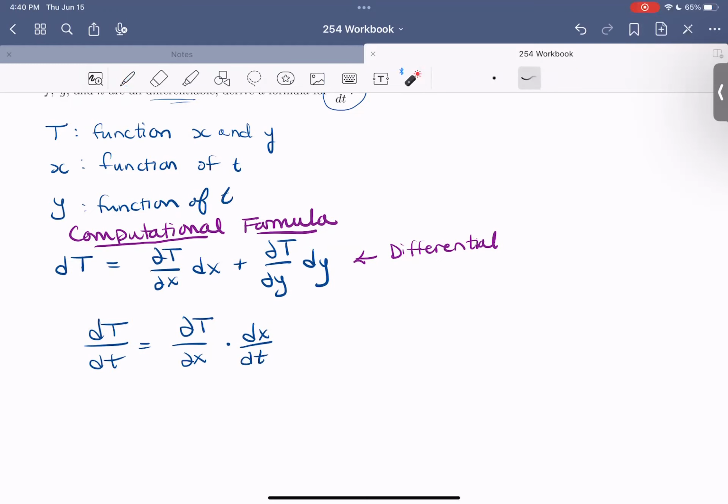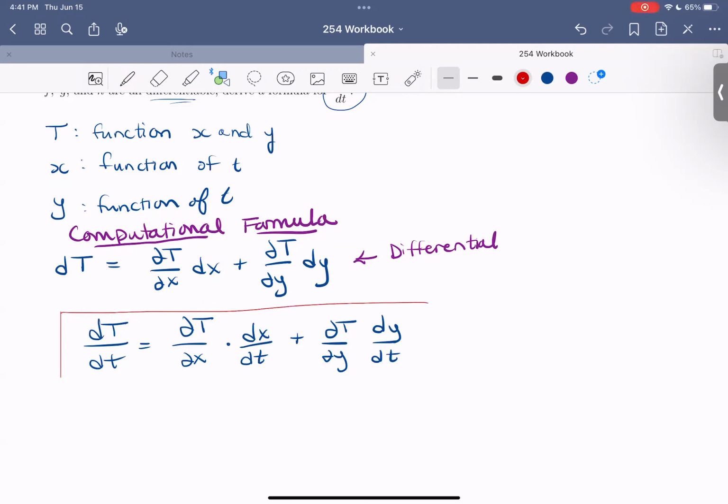Notice that here, x is a single variable function. x just has one input. So the derivative that we're computing is just a regular derivative, dx dt. Then we add that to the partial of T with respect to y times the derivative of y with respect to t.